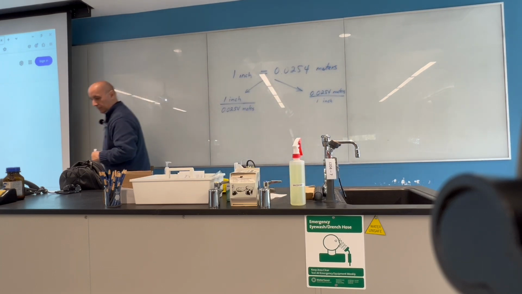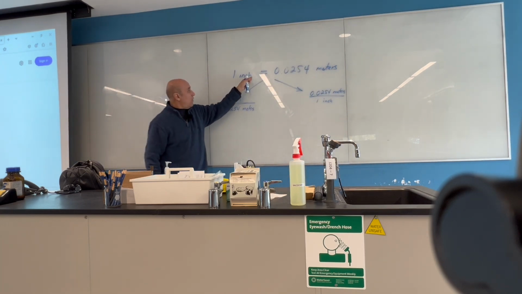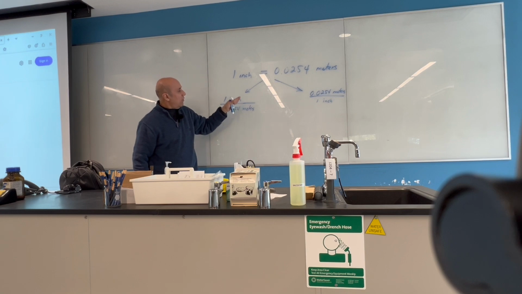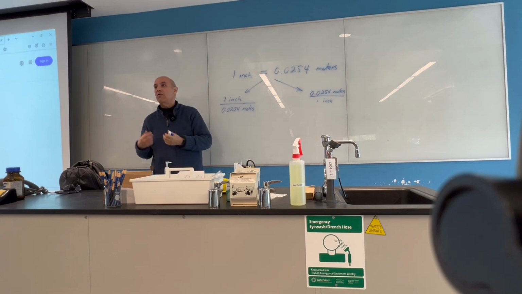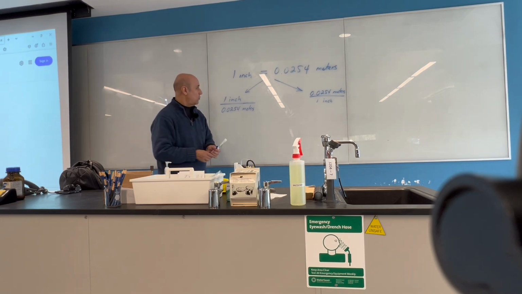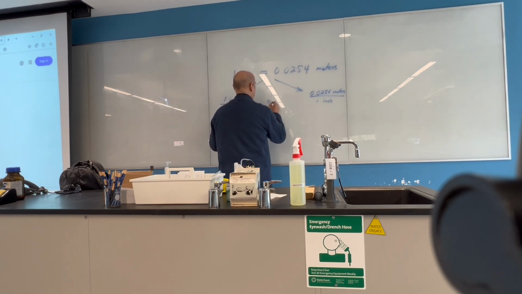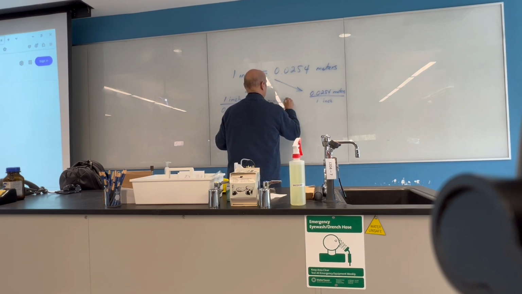So now, any equality yields always 2 ratios, 2 fractions, 2 proportions, which we're going to call conversion factors. So these guys are conversion factors.